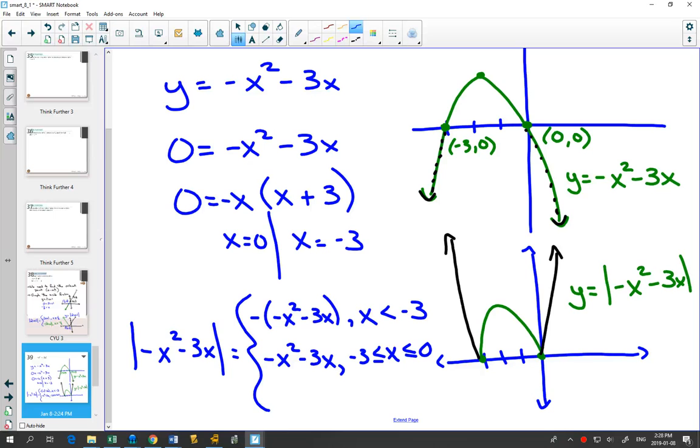And then it got flipped up again when x was bigger than 0.